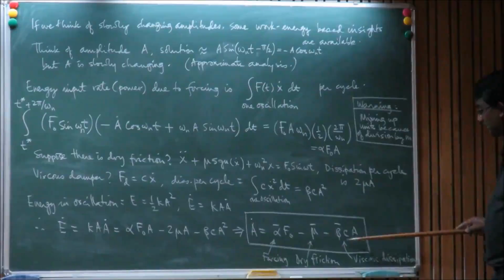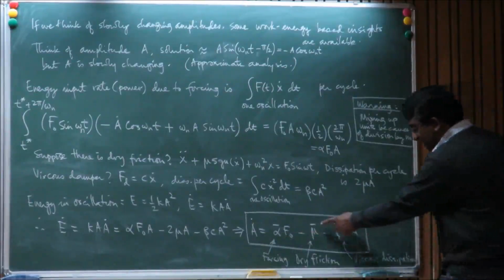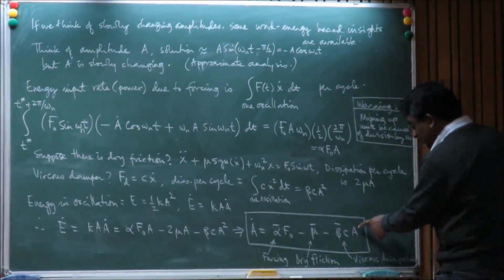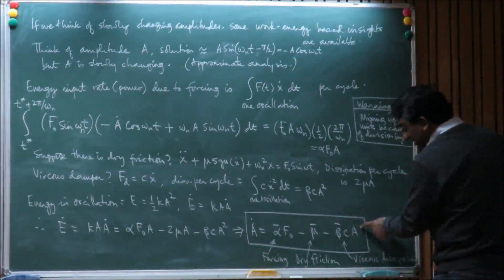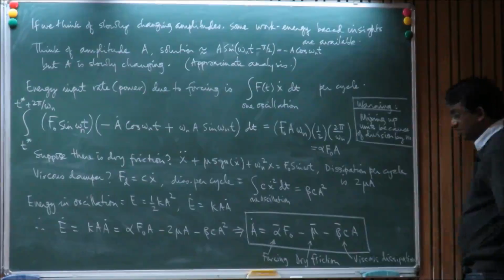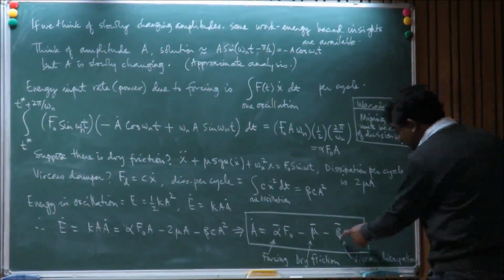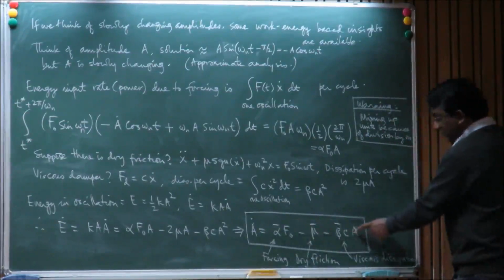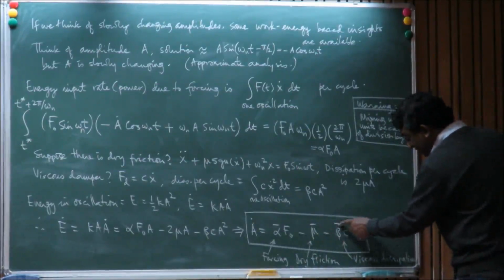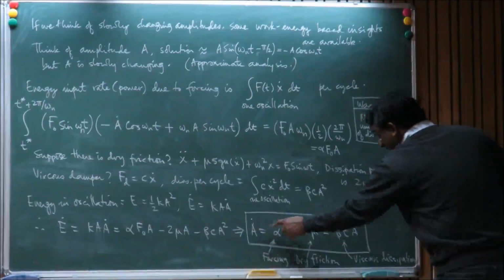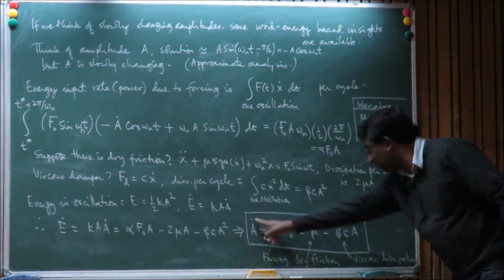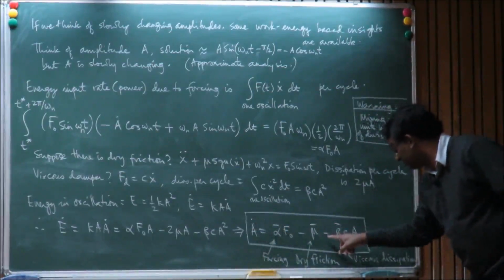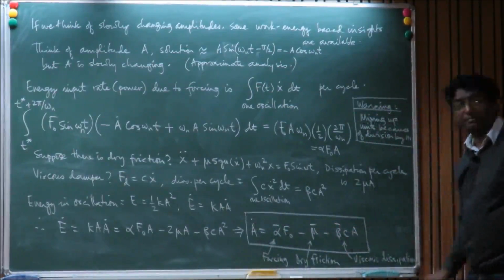You know the answer, in fact, and what you will see over here, suppose this mu bar is 0, is that there is a steady amplitude. The particular solution A equals constant is there, and then in fact there is an exponential approach to that amplitude because of this minus beta bar C and this A dot. The characteristic equation is r equals minus beta bar C.